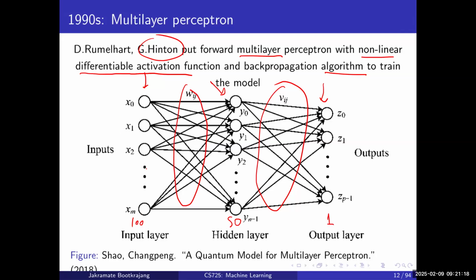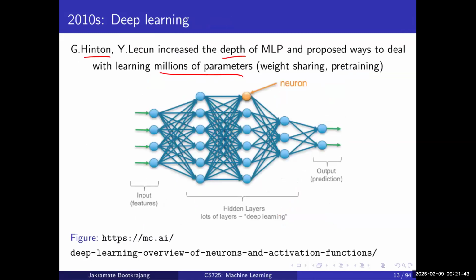So you have 100 in the input layer and 50 in the hidden layer, so the number of weights would be 100 times 50. So this is like 5,000 already, and then you have another 50 here. So with one hidden layer, you already have about 5,000 parameters. And when you have multiple layers, you would have more weights.